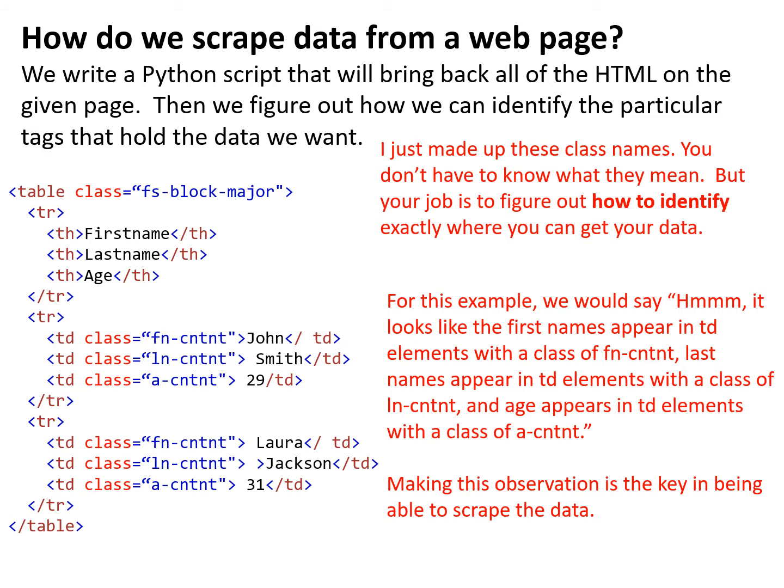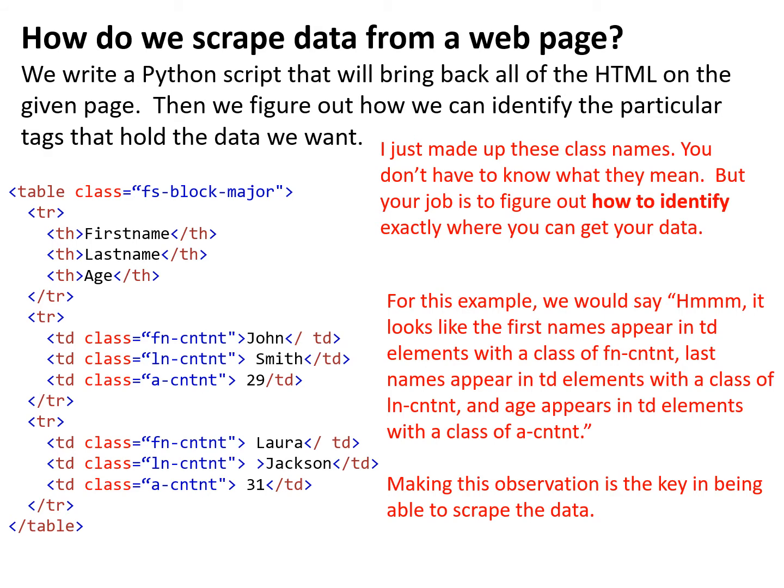Now the thing is you could just say, oh, I can tell what's the first name, what's the last name, and I could just copy and paste all of those out and do it yourself. But the thing is we're going to have the computer do it for us. We're going to write a Python script to do it. So that's why we can't just say, oh yeah, it's obvious what the first names are, what the last names are, and we'll just go ahead and do it ourselves. We're going to have to be talking to a computer.